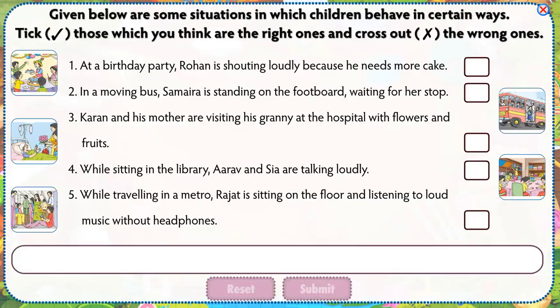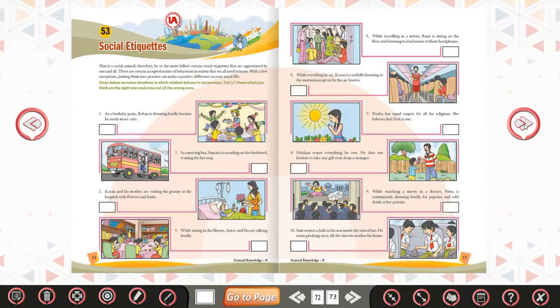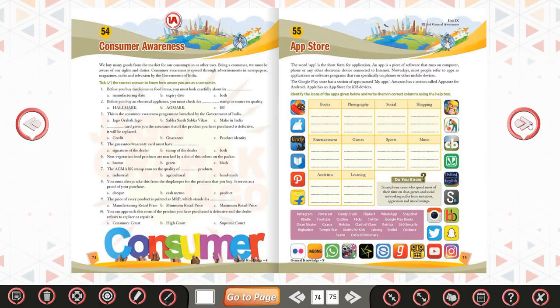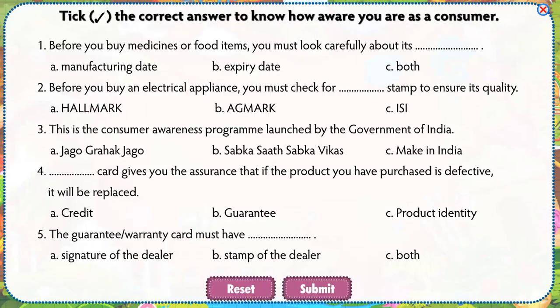Given below are some situations in which children behave in certain ways. Tick those which you think are the right ones and cross out the wrong ones. Tick the correct answer to know how aware you are as a consumer.